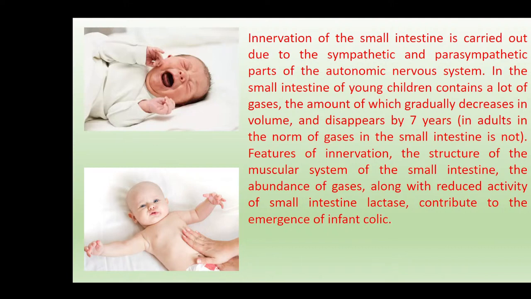In adults, gases in the small intestine are not normal. Features of innervation, the structure of the muscular system of the small intestine, abundance of gases, and reduced activity of small intestine lactase contribute to infant colic. Infant colic is one of the most common problems in children at an early age.